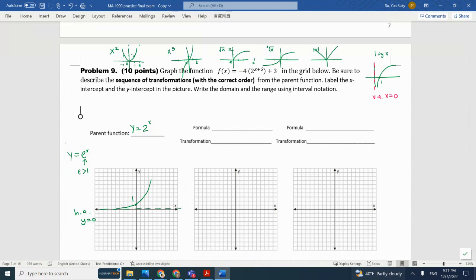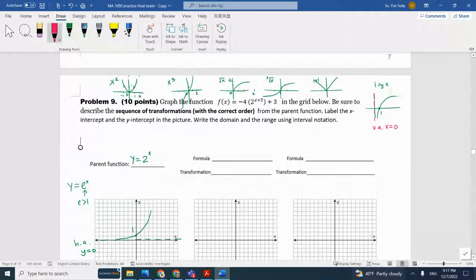Okay, so here, what are the transformations? As we call transformations, we first do shift left or right. Left is x plus c, right is x minus c. Second, reflection over the y-axis. That means your x changes to negative x, so you have a minus sign in front of x.